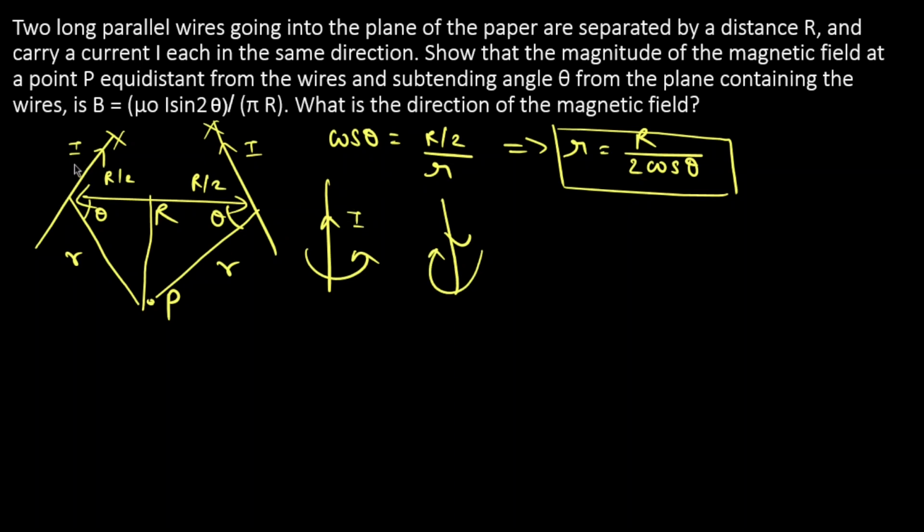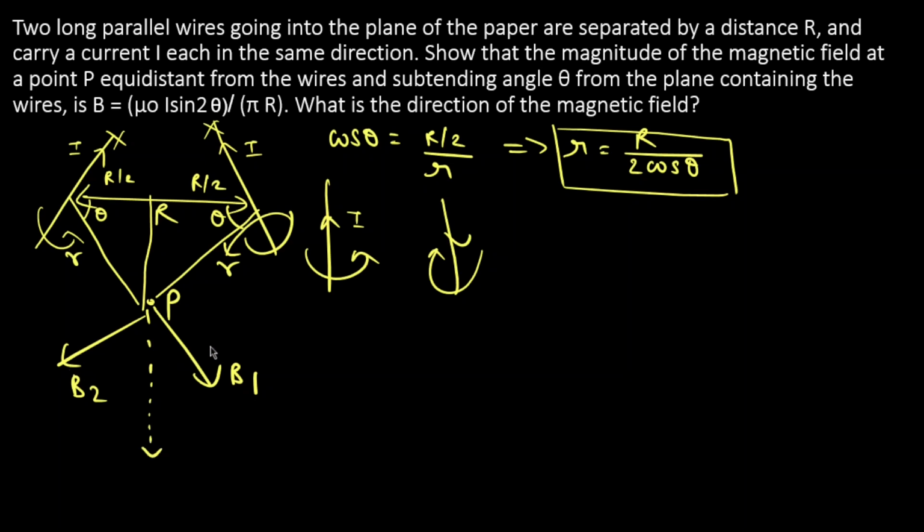So here the current is going in this direction, so the magnetic field will be in this direction, which will come out to be somewhere here for point P. Let's name this as B1, and the magnetic field due to the other wire will be like this. Let's name this as B2. Since we need to calculate the resultant magnetic field at point P, the resultant will be somewhere here.